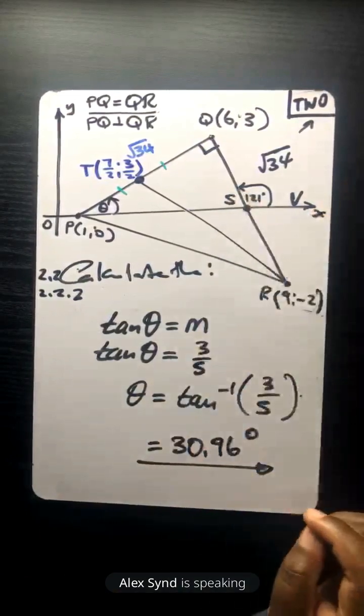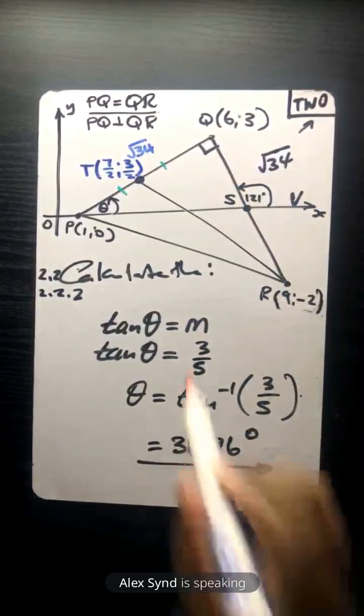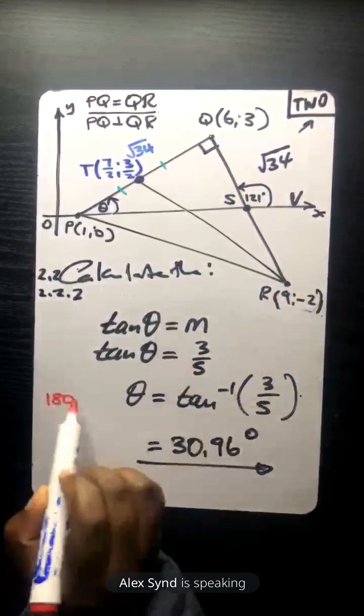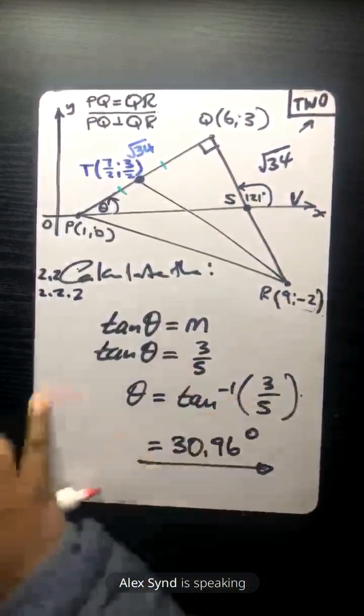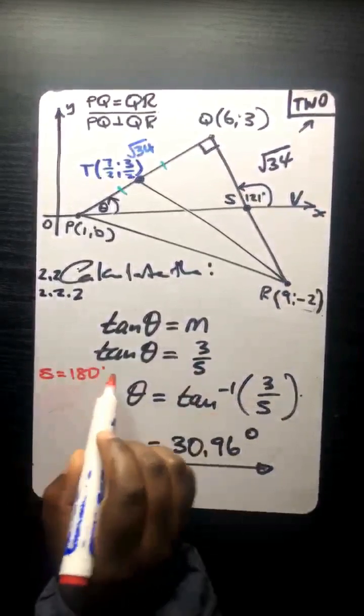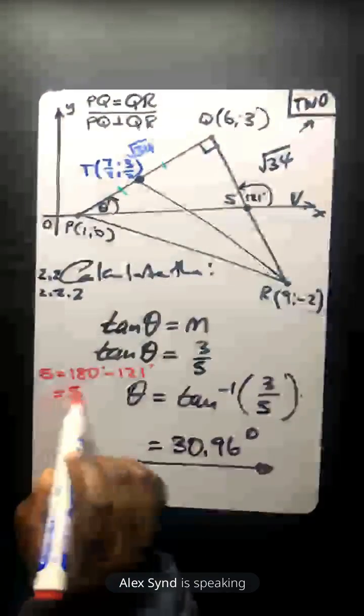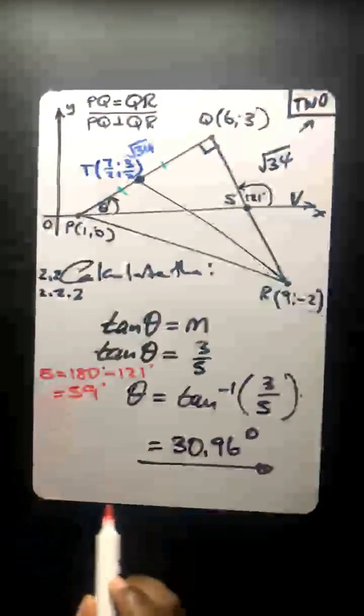So we say 180 minus 121, and then we get 59. So S is equal to 180 degrees minus that 121 degrees, which equals 59 degrees.